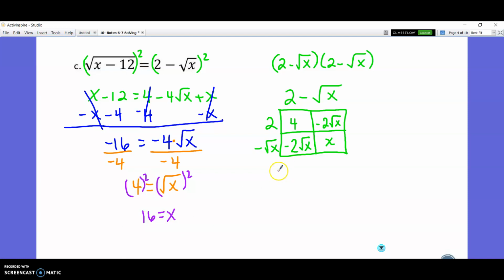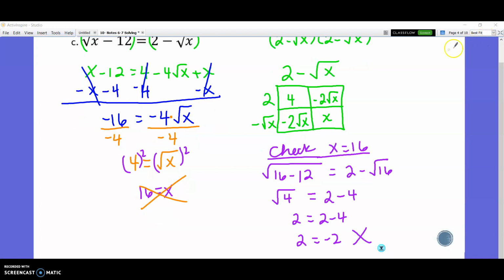Don't box it in too fast because we still need to check our answer. So go ahead, pause the video, check your answer here. Does x equal 16? All right, so when you plug in the 16 for the x on both of these x's, we get that 2 is equal to negative 2, and that's not true.